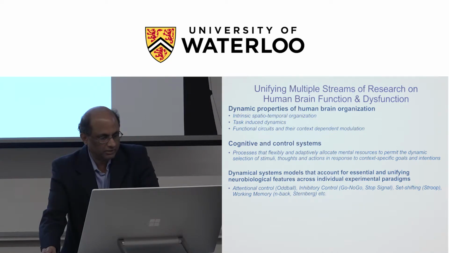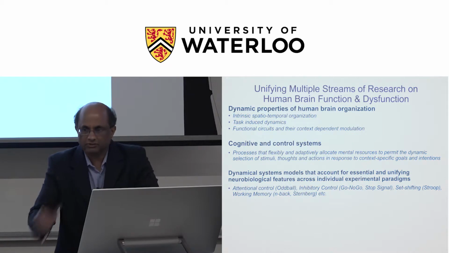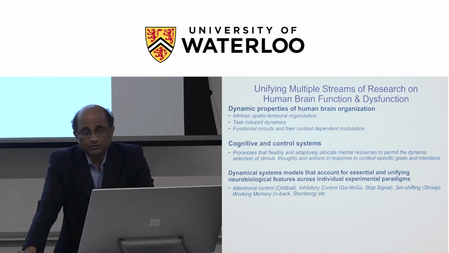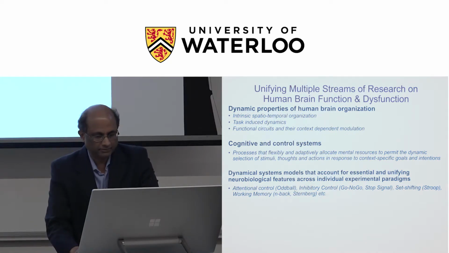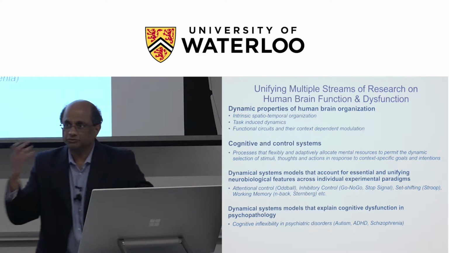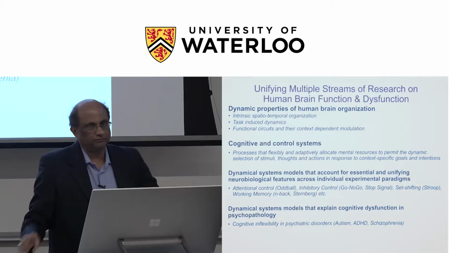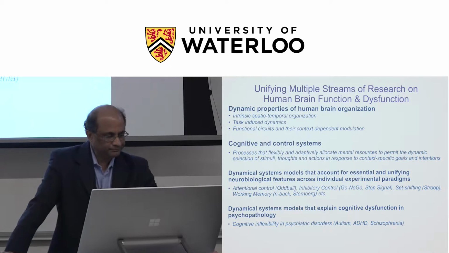But these point stimuli like the oddball, the go-no-go and the stop signal really give you a much better handle on individual trial types without getting into the complexity of the temporal time course of processing, such as you might have in particular with the n-back task, for example, where you have to continuously monitor and update information in memory. But the idea is that some of these core control systems should operate in a very similar way, although you don't have access to the full dynamics, certainly not with fMRI.